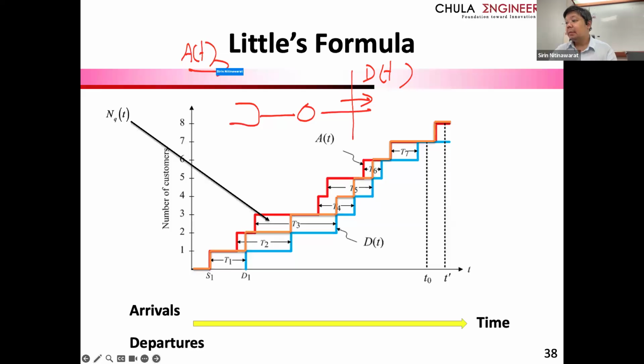But now that we consider a subsystem only in the queue, we have to change from DT to another staircase plot. Let's call it O of T, of the customers leaving the queue going to be served. And that is what the orange part is about.